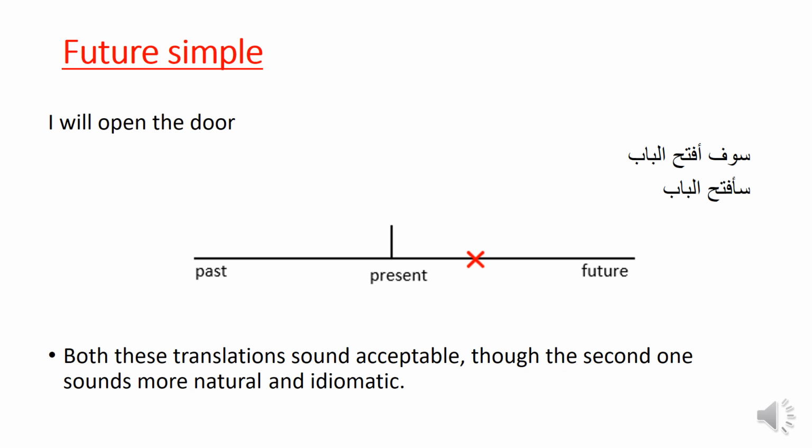And the sentence I will open the door is represented by the timeline after the present moment. So in Arabic we can translate it into different structures, and both these translations sound acceptable, though the second one sounds more natural and idiomatic.